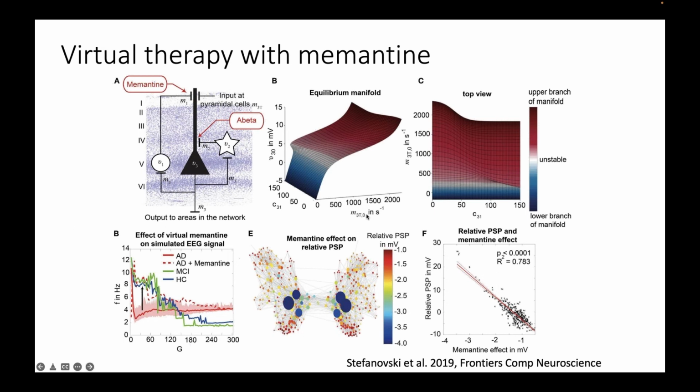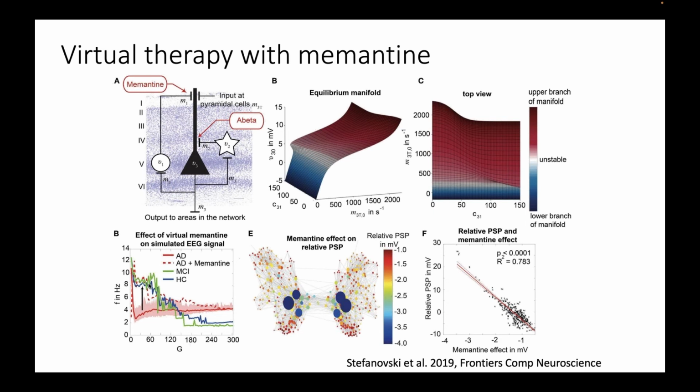And the effects were very interesting because the slowing of Alzheimer's disease patients that we have seen before, especially in this physiological area of low coupling, was reversed. So in this line, you see the slowing without memantine, and then by reducing the excitation from another side, this led to normalization, and the Alzheimer's patient showed then the same rhythms as without the drug. And interestingly, this is also described as a clinical effect of memantine.